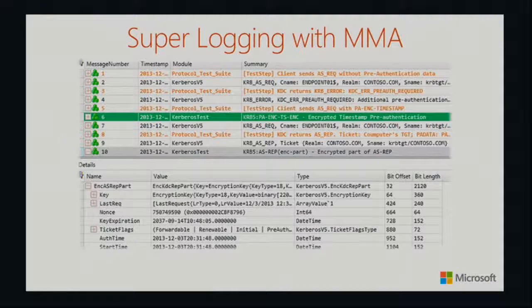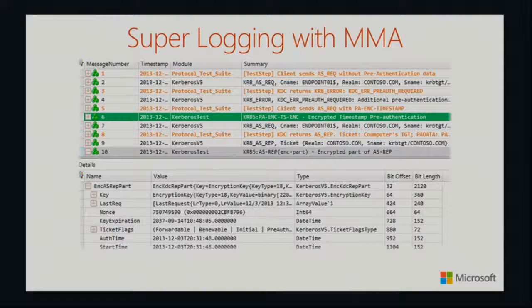I think everyone saw this in Monday's session. It shows an example of how to see the test log, the network log, and the encrypted messages in MMA. The brown color is our test log messages.